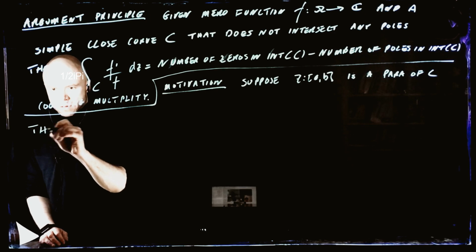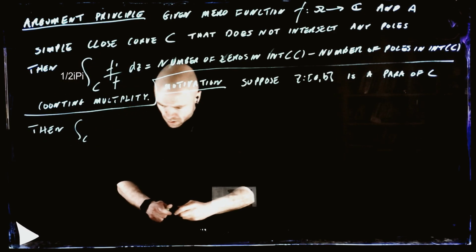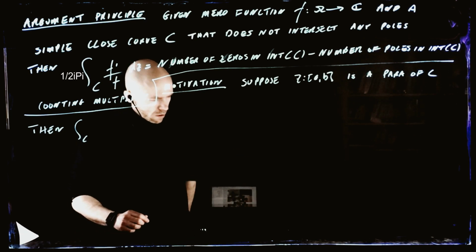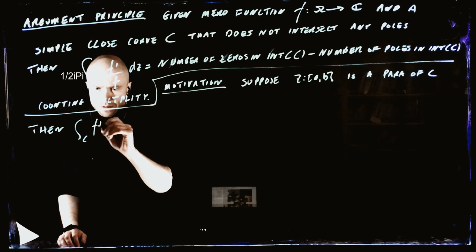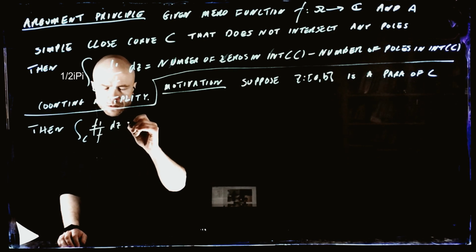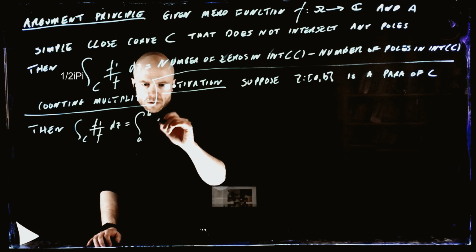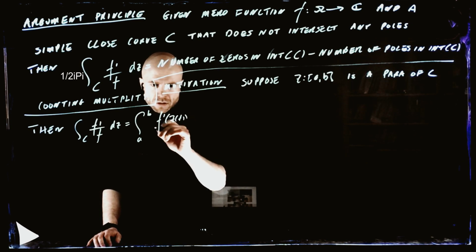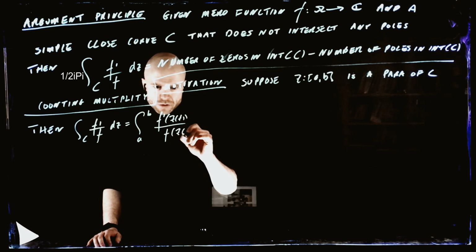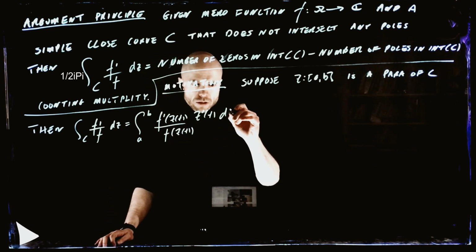Then this quantity is the integral from A to B of f prime of z of t over f of z of t, z prime of t dt, right?